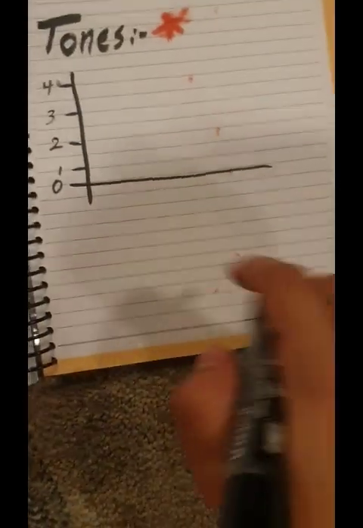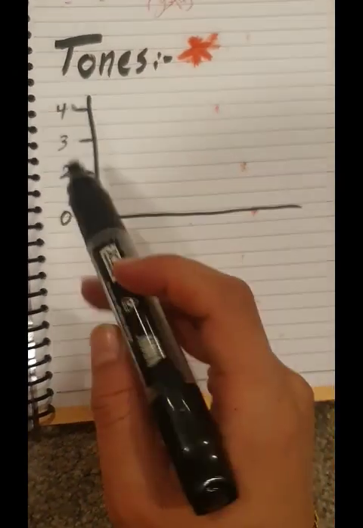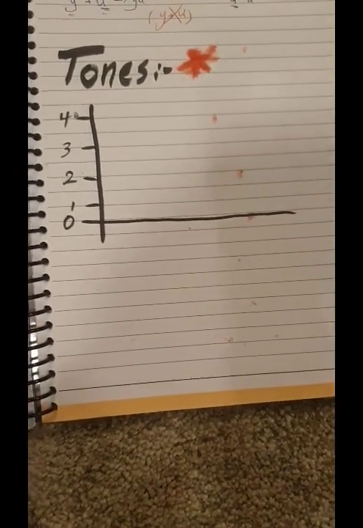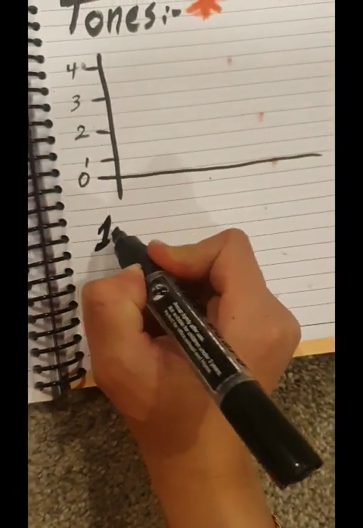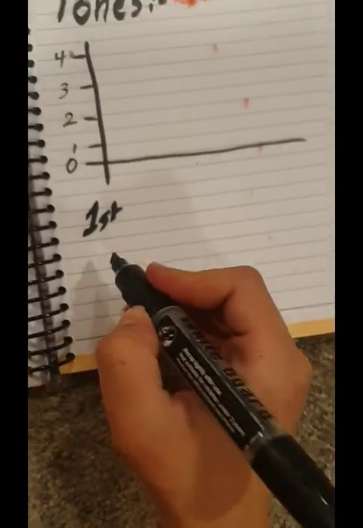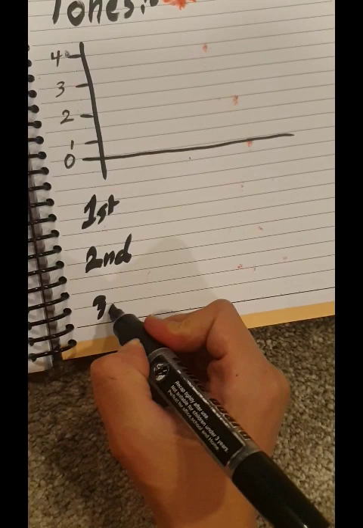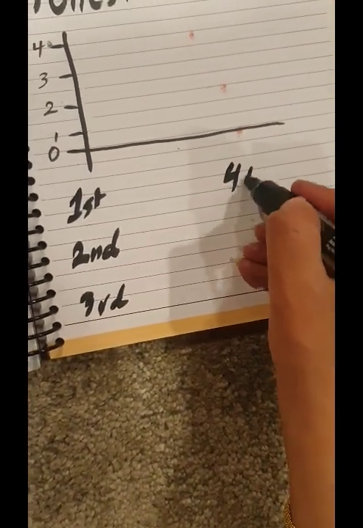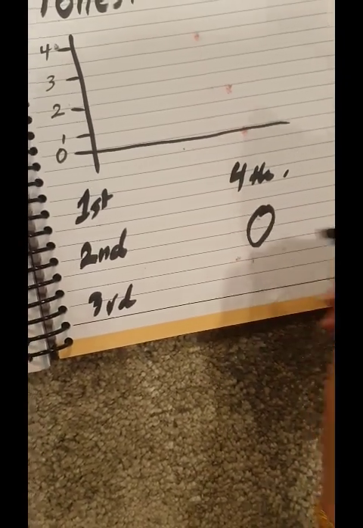As you notice here, I have 0, 1, 2, 3, 4. What is this, teacher? Now, in Chinese, we have 4 tones and a 0 tone, an extra one. So, we will call them like this: first, second, third, fourth, and 0 tone.